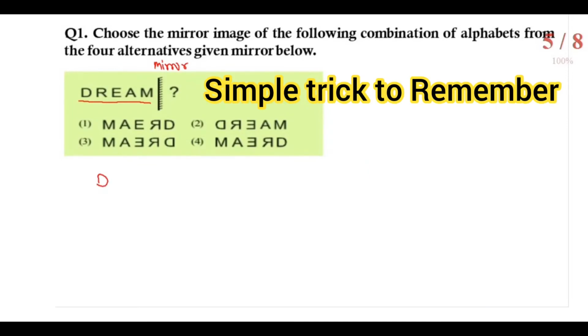Here D, R, E, A, M. We have to remember those 11 letters also. D, the reflection you get like this. Then R will be reflected like this. E will be reflected like this. A will be the same. The mirror image of M will be the same, that is a vertical direction.